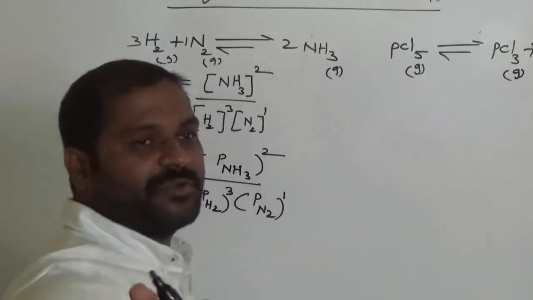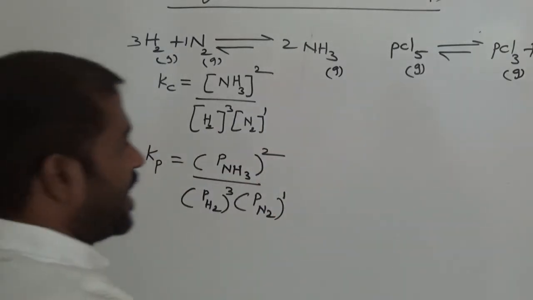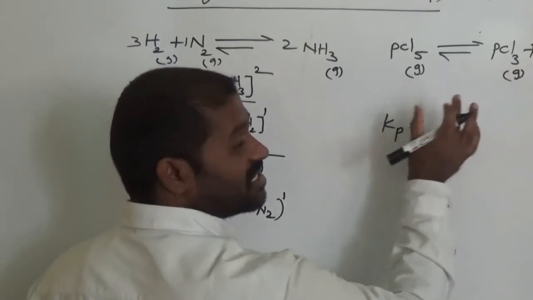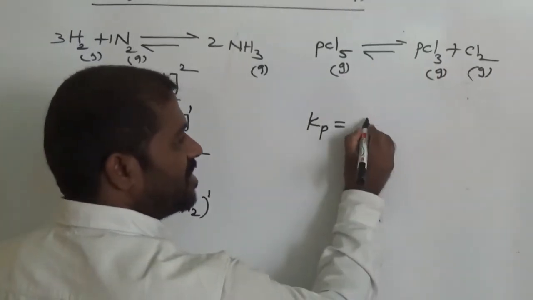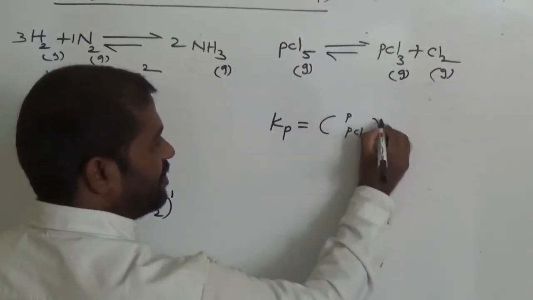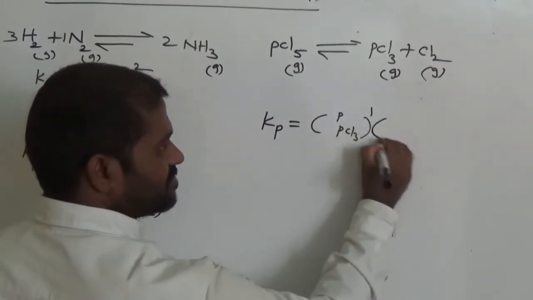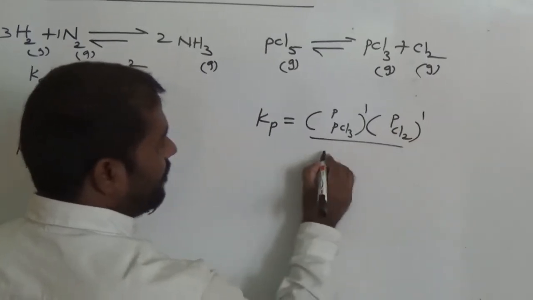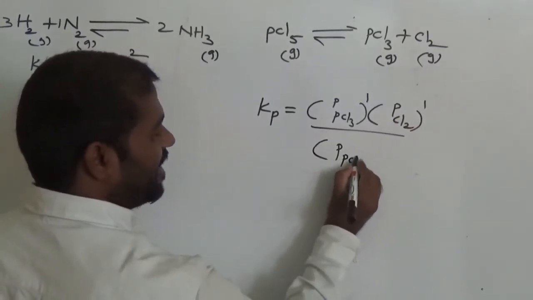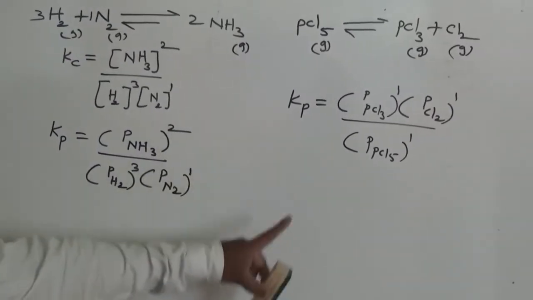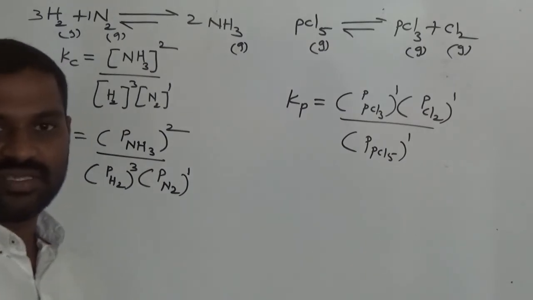So write the Kp expression for it directly. Kp equals, not molar concentration, partial pressure of PCl3, power 1, partial pressure of Cl2 to the power 1, over partial pressure of PCl5 to the power 1. This is the Kp expression for the given reversible gaseous equation.